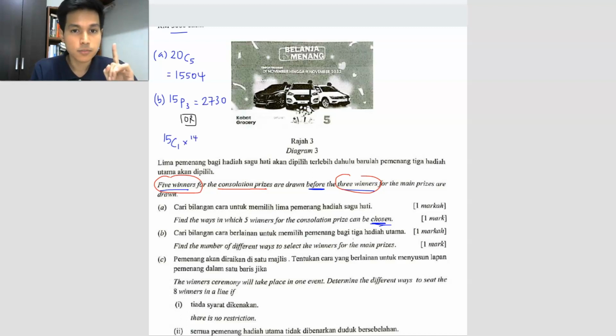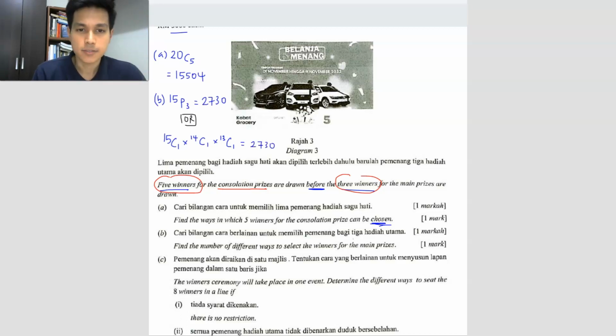So you choose 1 to win the second prize, and then 13 left. So 13 people, choose 1 to win the third prize. If you do this, you will still get the same answer, 2730. Okay, so both ways work.